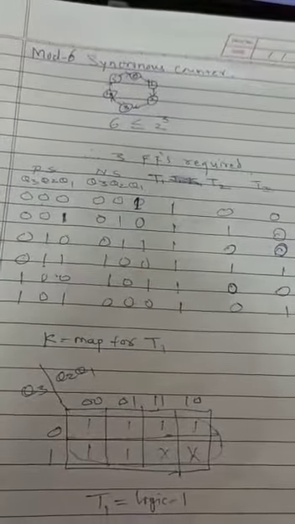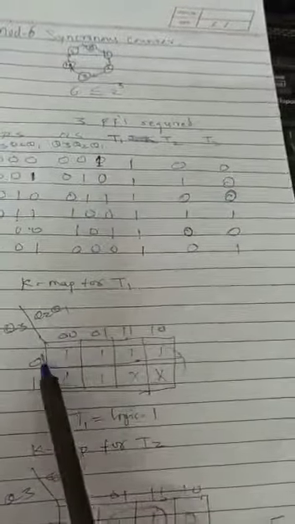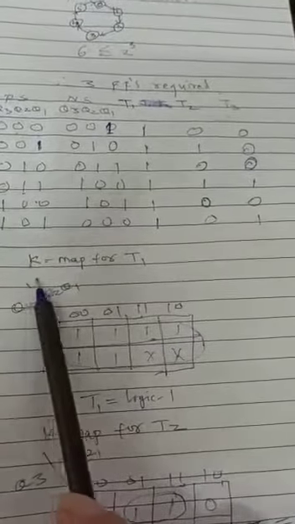Let us continue designing the mod 6 synchronous counter. In part 1 video we have completed this table. Now let us have a K-map for the T1 input of flip-flop 1.